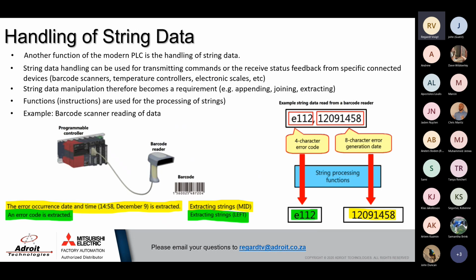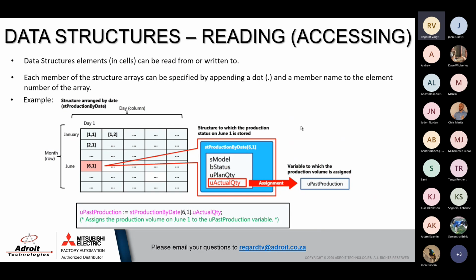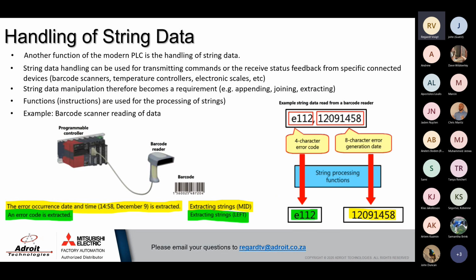An example of this would be if you scan a barcode and you get a value as follows, where the first 4 characters would be your error code, for example, and then the next 8 would be the date of the error code being read.